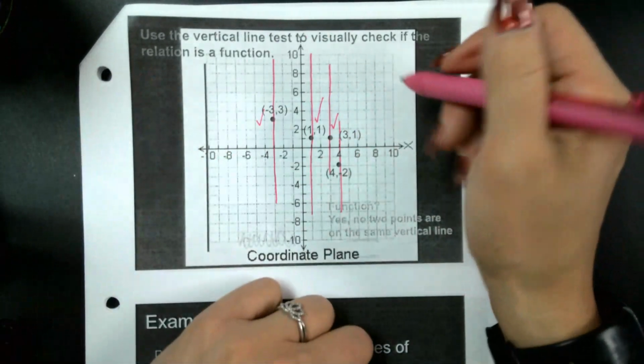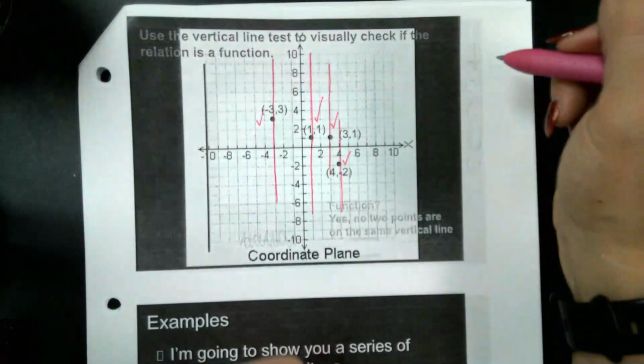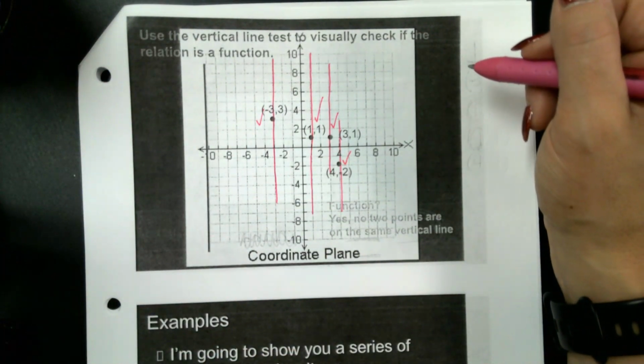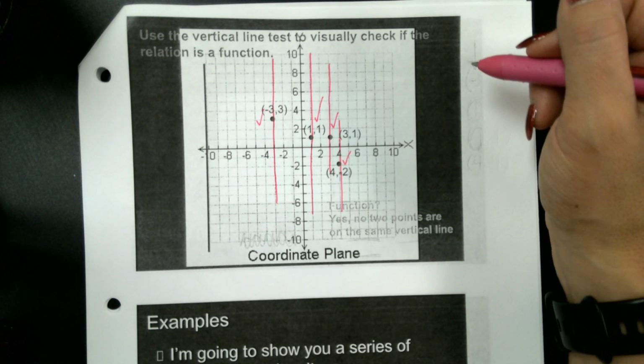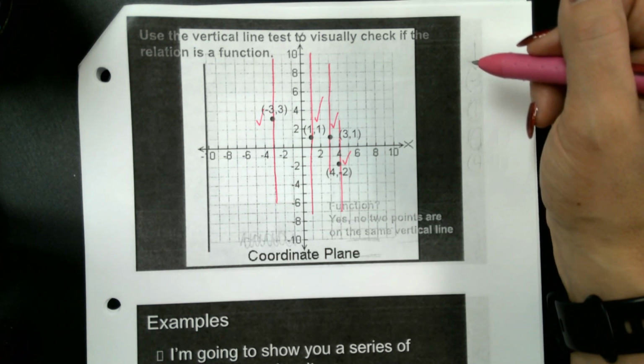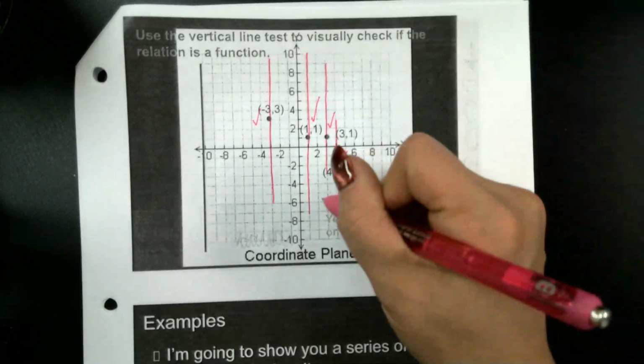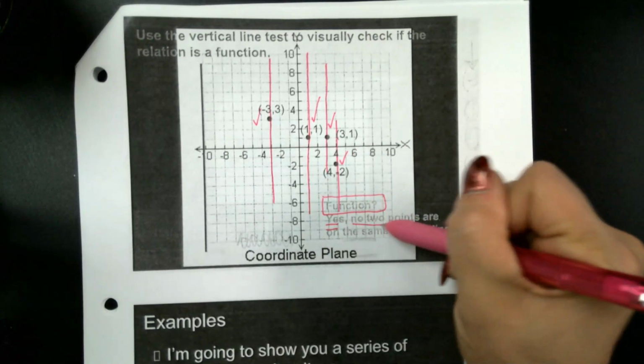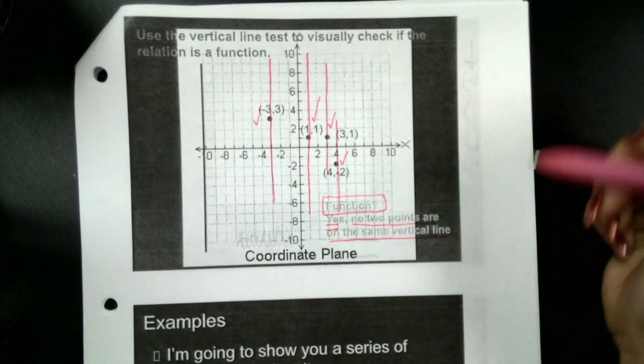And then that last one just goes through 1 point, right? So everywhere we drew a vertical line, it went through 1 point at a time, right? So is it a function? Yes. The answer is yes, because no 2 points are on the same vertical line.